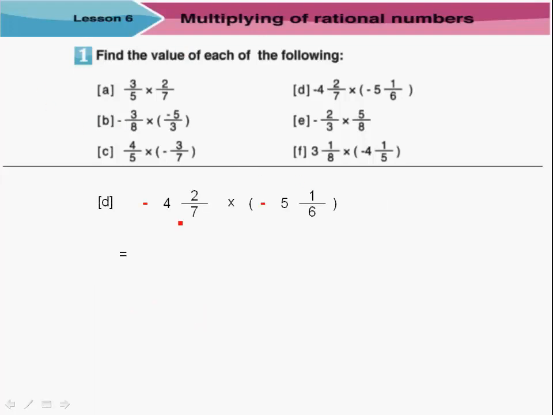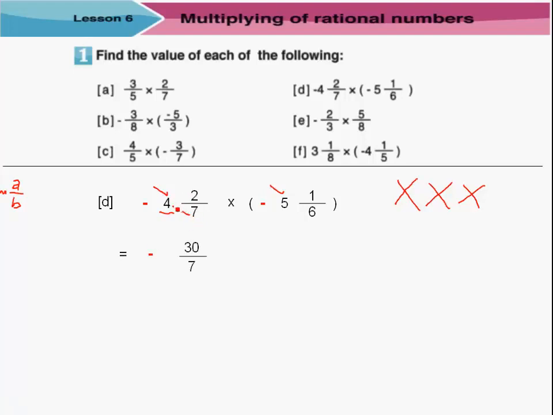Be careful, please. In multiplication, you cannot multiply the integers together and the fractions together. It will give you a wrong answer. For rational multiplication, you must have the two rational numbers in the form A over B without any integer. So how can we change it?